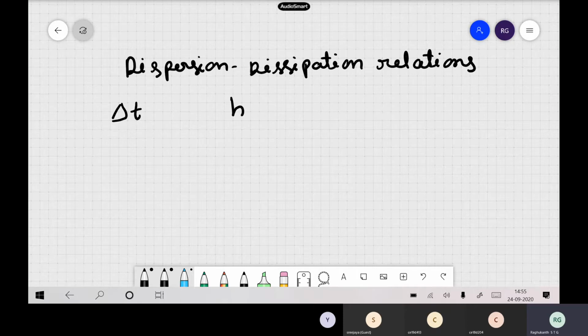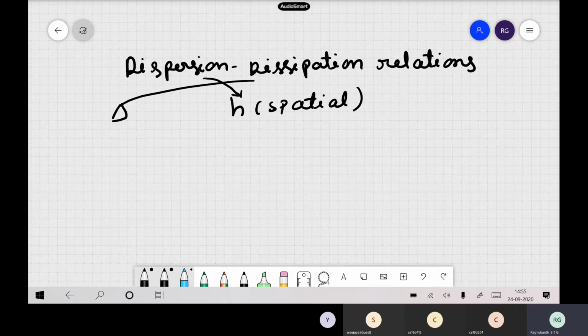Dissipation, as I already told you, is related to time, whereas dispersion is related to spatial increments. So if you have any differential equation or any difference scheme, and I want to find out the dispersion and dissipation relation, how do you check?